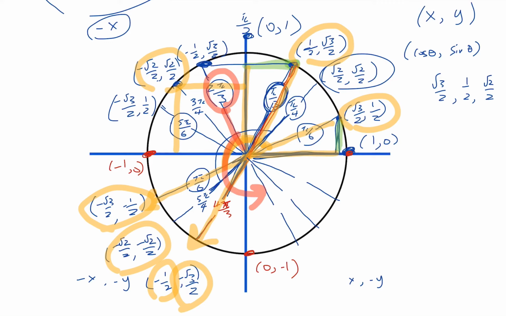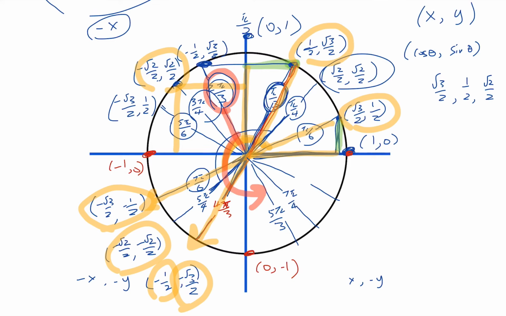So if you add pi to 2 pi over 3, you get 5 pi over 3. This angle right here, let me give more room. This is 5 pi over 3, because I add just pi from here. This one, I add pi to 3 pi over 4, which is 7 pi over 4.